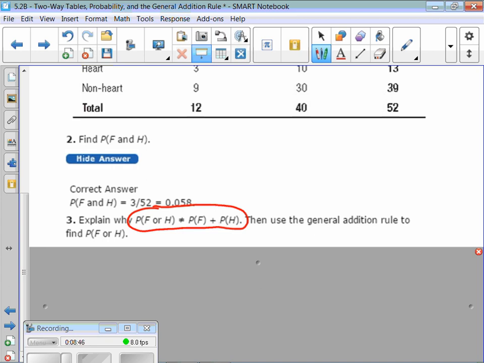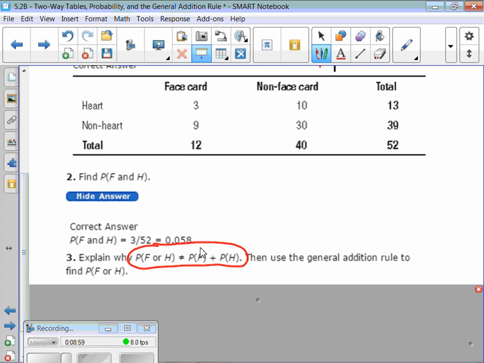So now let's use the general addition rule to actually solve this problem. So we want the probability of a face card plus the probability of a heart minus the probability of both happening at the same time. So Grace, what's the probability of being a face card? Yep, 12 out of 52. Plus, April, what's the probability of being a heart? Okay.